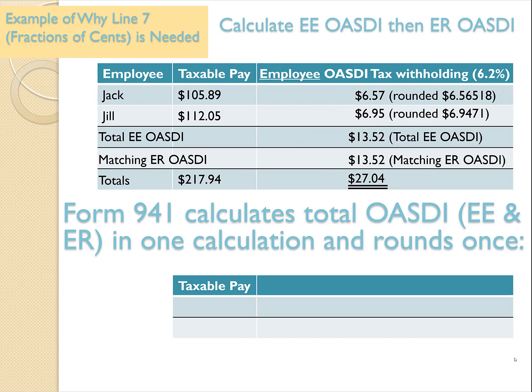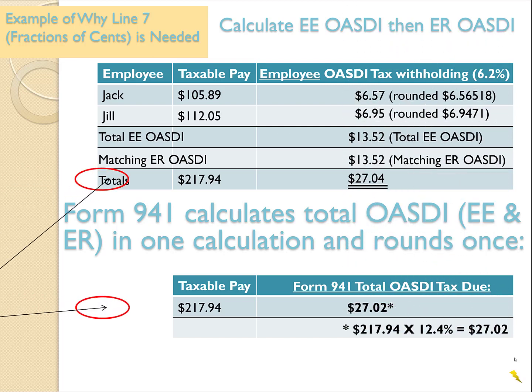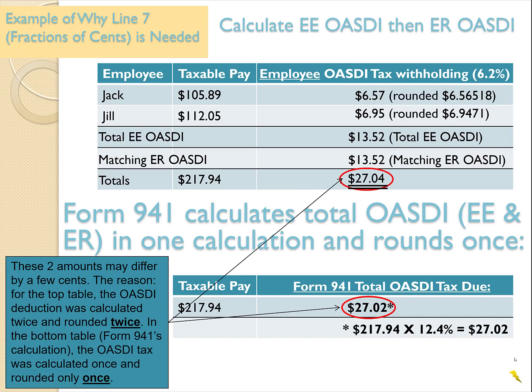So now when we calculate the Form 941 version of OSTI, we're going to take the total taxable pay, $217.94, just like Form 941 does it, and we're going to multiply that by 12.4%. And the answer we get is $27.02.